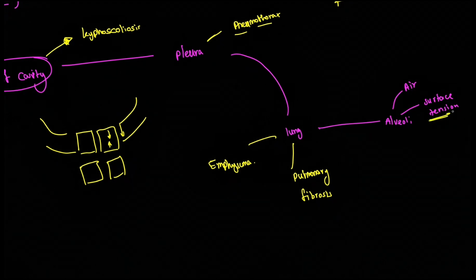So in the surface tension, I'll talk about the surface tension and how to reduce it inside of the alveoli. We need to reduce the surface tension, or else the lungs start to collapse. So we have something called surfactant.